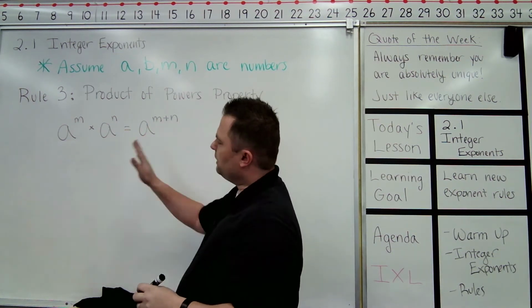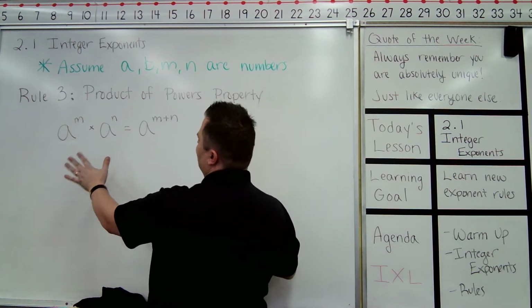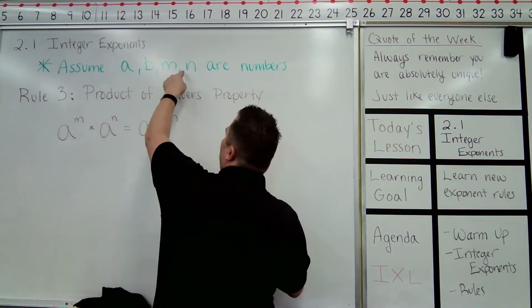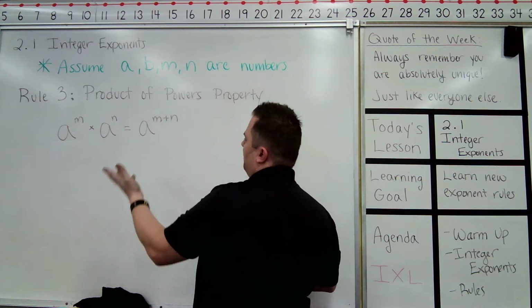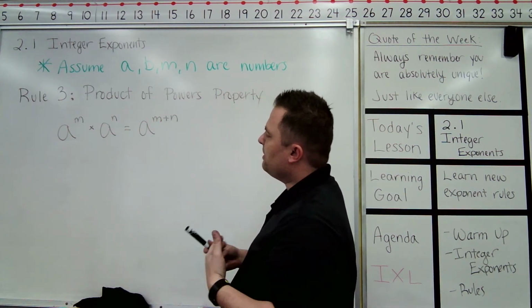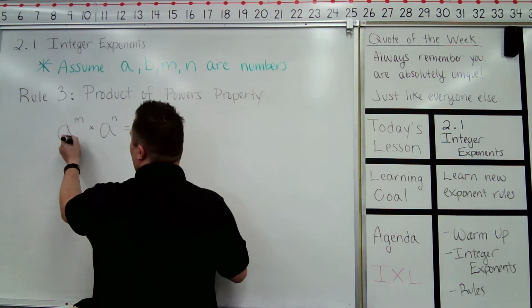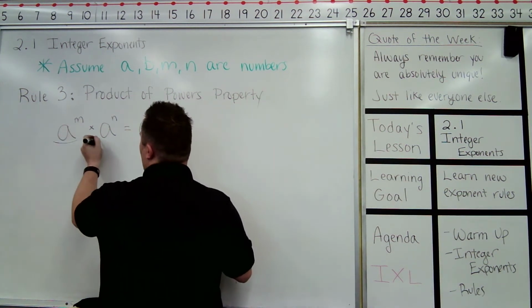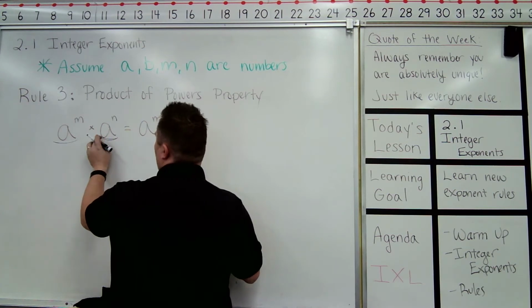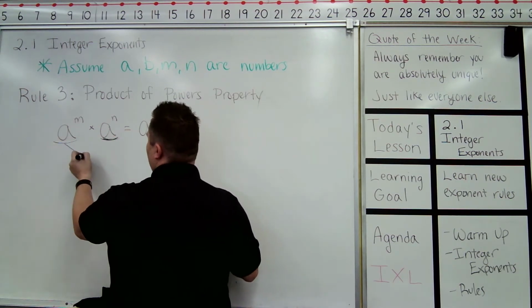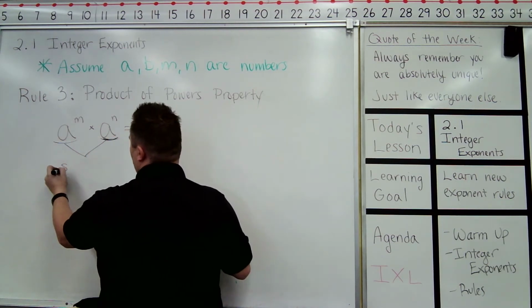Now this is confusing at first because, once again, these are A's and M's and N's and stuff. I can think of A, B, M, and N as all just numbers. But let me be clear what this is saying. If I look at this A and this A, when these both say A, what we're really saying is that these are the same number.